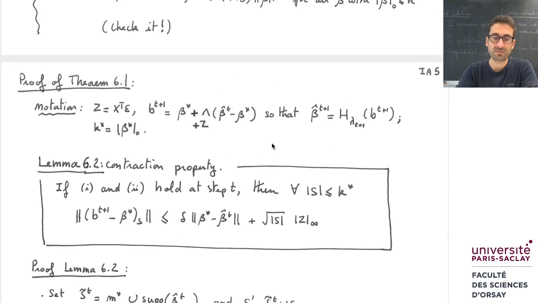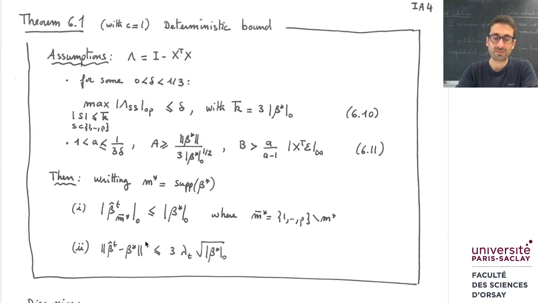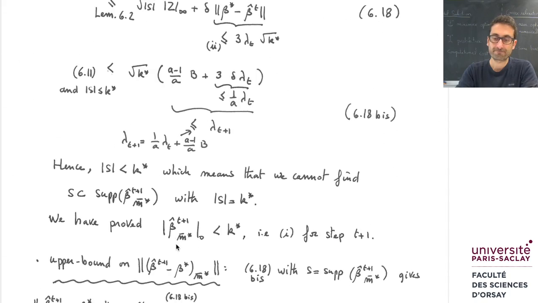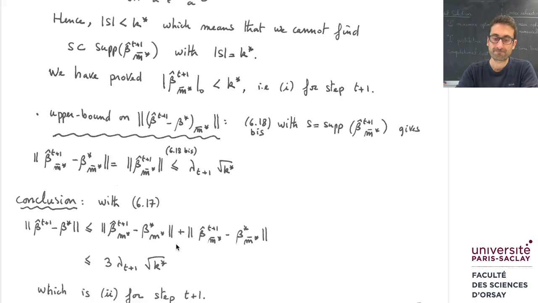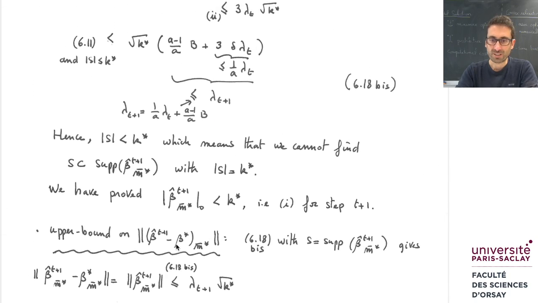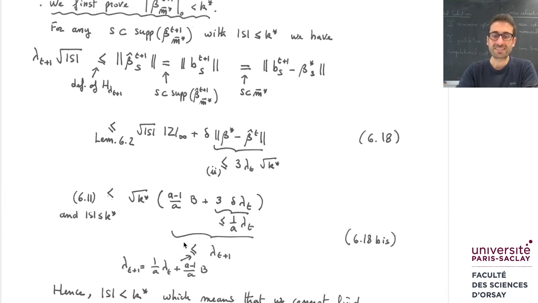So this is really this quantity. So we have this bound on this term. Again, I have something with square root of k star, because I know that the cardinality is smaller than k star, so I can have square root of k star in factor.